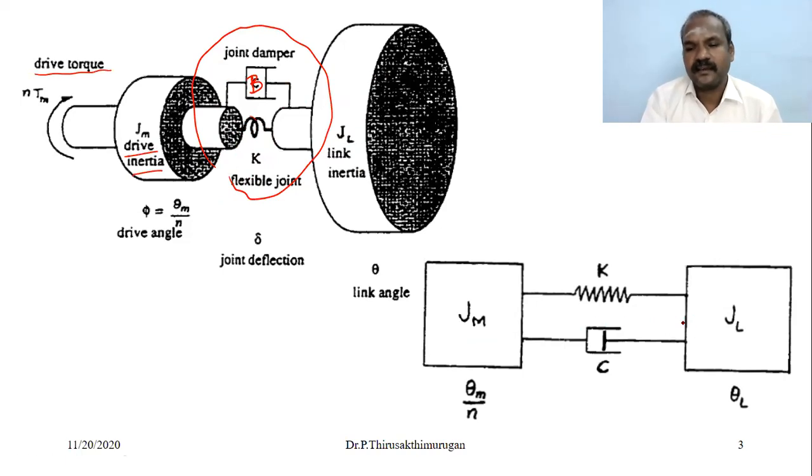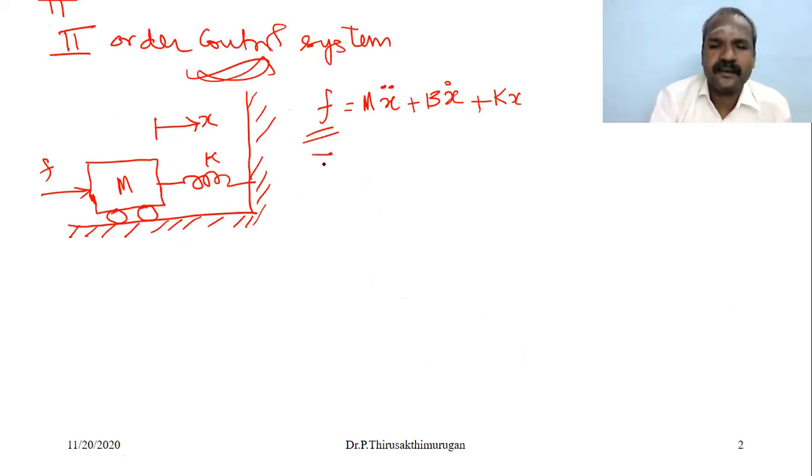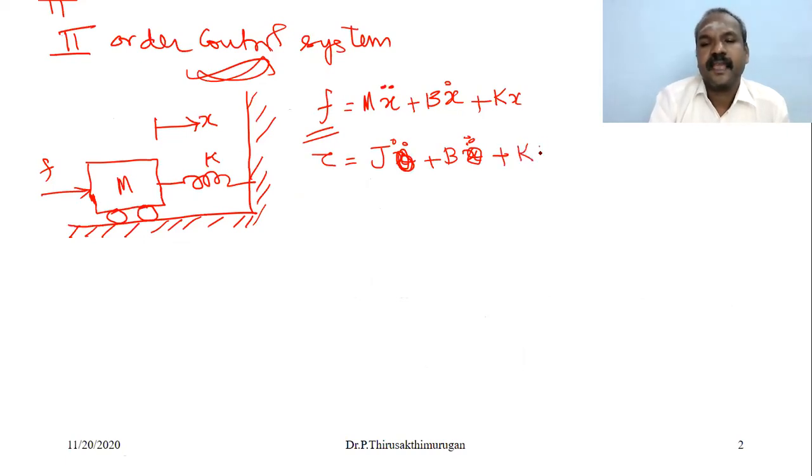So the transfer function is of second order. This can be written as tau equal to J theta double dot plus B theta dot plus k theta.